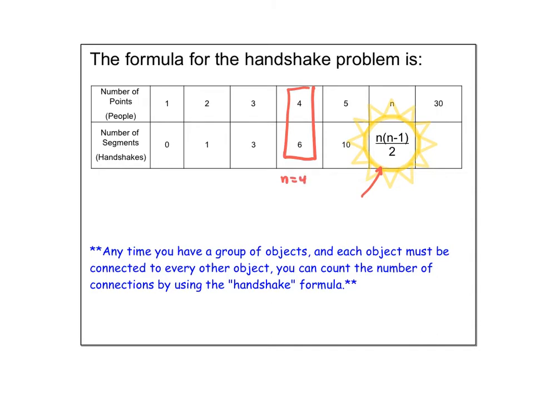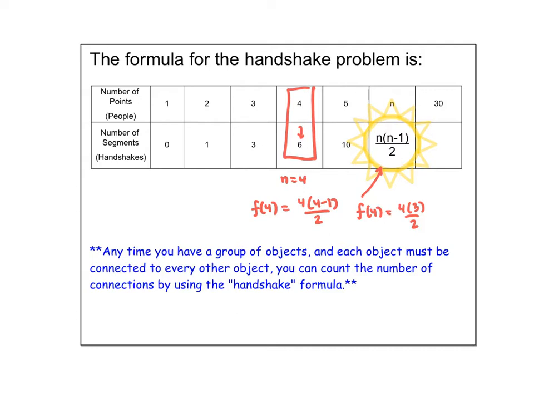So n would equal 4. Therefore, f of 4 would equal 4 times 4 minus 1 divided by 2. Well, 4 minus 1 is 3. Therefore, the 4th term in this sequence would be 4 times 3 divided by 2. That's 12 divided by 2, which, look at that, is 6.